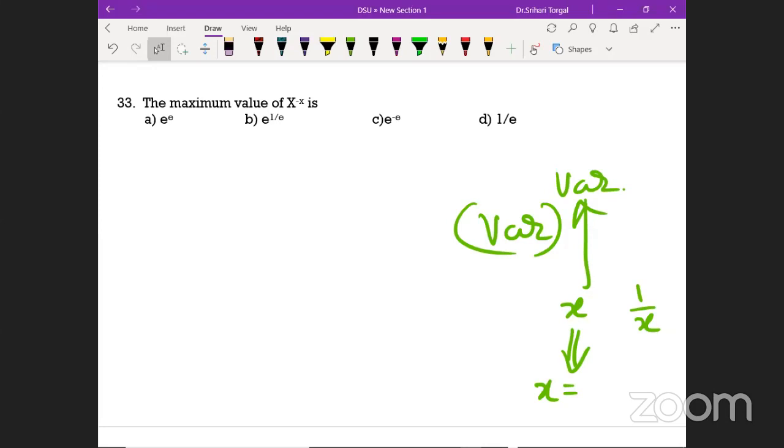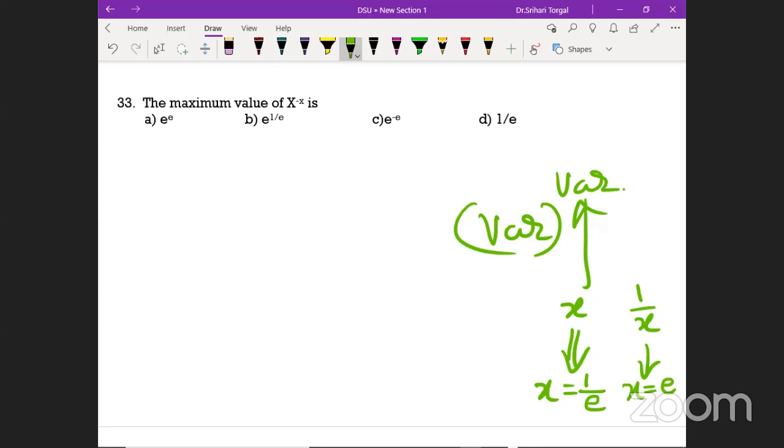If it is variable power variable, and if that power is x, then you have to put x equal to 1 by e. If that power is 1 by x, you just take the reciprocal of this 1 by e, you will get e.